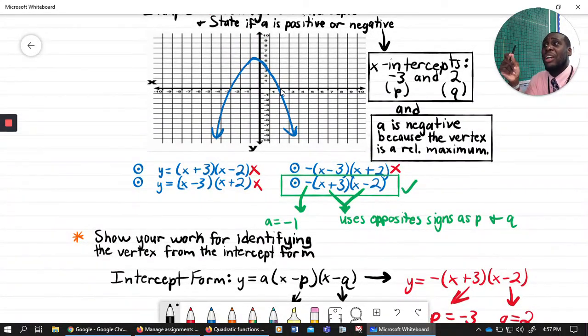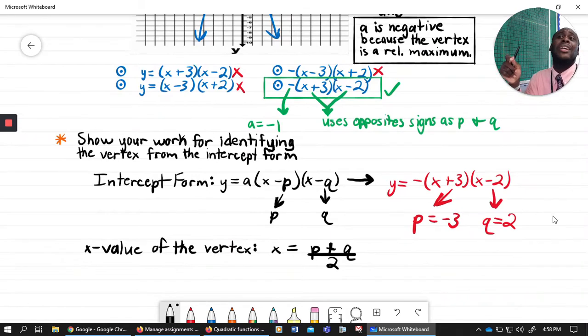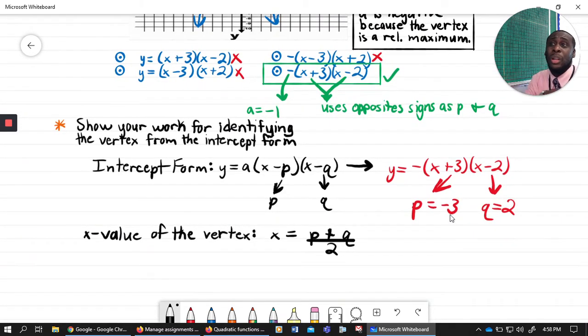Literally, the x value of that vertex is perfectly centered between them. And guys, trust me, it does not matter whether one or both of those x-intercepts is negative. You're still going to add them together and divide by 2. You should know how to add if some of the numbers are negative.